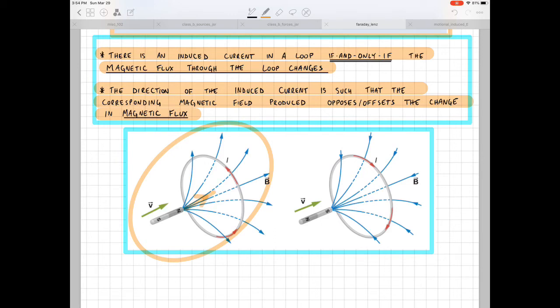So that B field is getting stronger. That means I need an induced current so that the induced B field offsets that increase in magnetic flux. So I need an induced B field pointing back to the left. That'll only happen if the induced current is in that direction. Now let's look at the other picture.